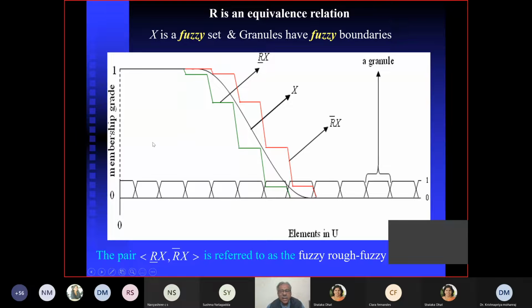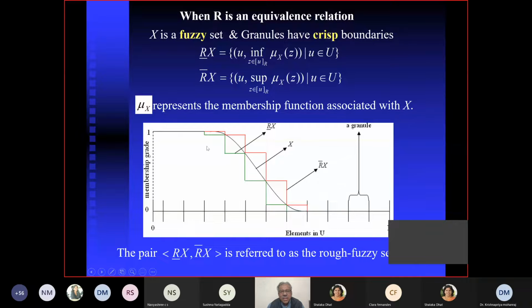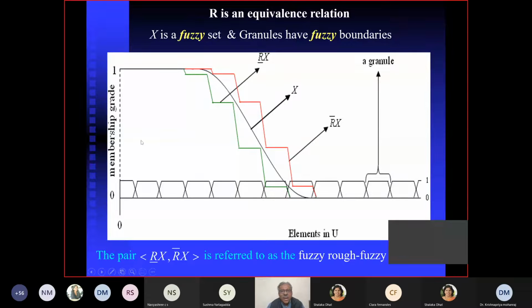Similarly, if both are fuzzy, then it becomes overlapping and oblique. Earlier it was a staircase: horizontal, vertical, horizontal, vertical. But here, because of the overlapping of the granularity, it is oblique.